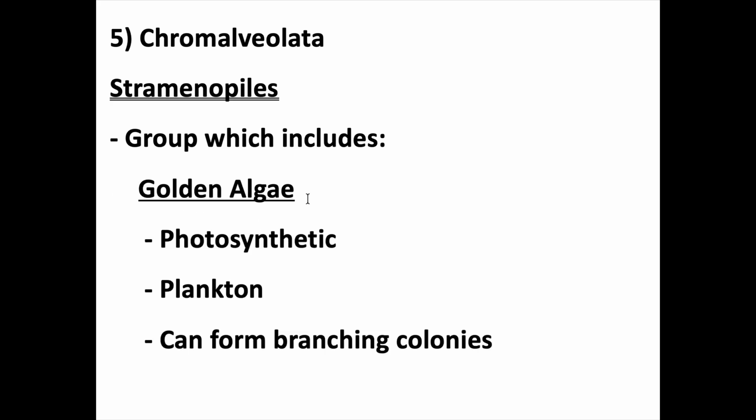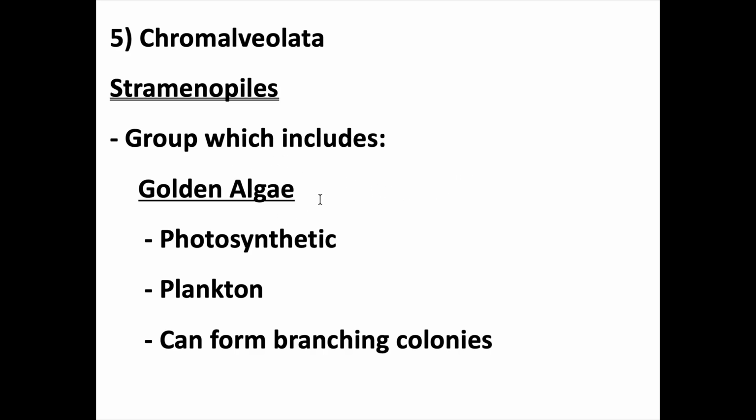Also, within stramenopiles, we have brown algae. Now, just an aside, algae is one of those terms that doesn't really mean much. We've got brown algae, we just had golden algae. If you go back to the beginning of this chapter, we had red algae, and when we get to plants, there's going to be green algae. There's even a group of bacteria where blue-green algae is sometimes used to describe it.